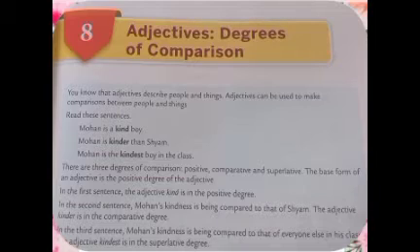He is a kind boy. That is the positive degree of comparison. Here in the positive degree, we will not compare any person or animal or thing with anyone. So, no comparison will be there in the positive degree, and that is considered as the base form of adjective.